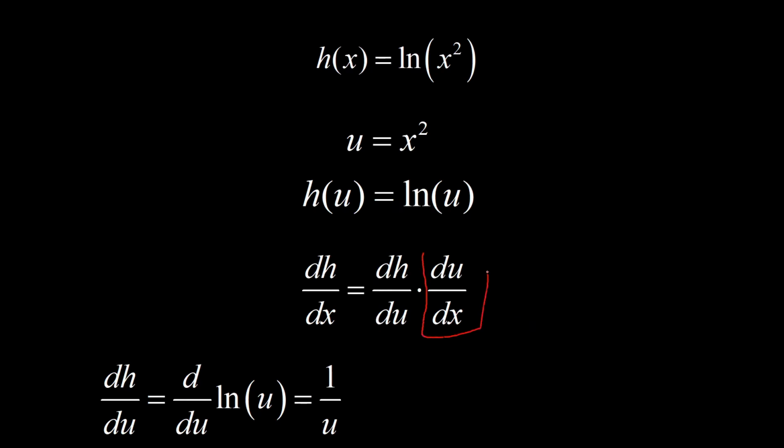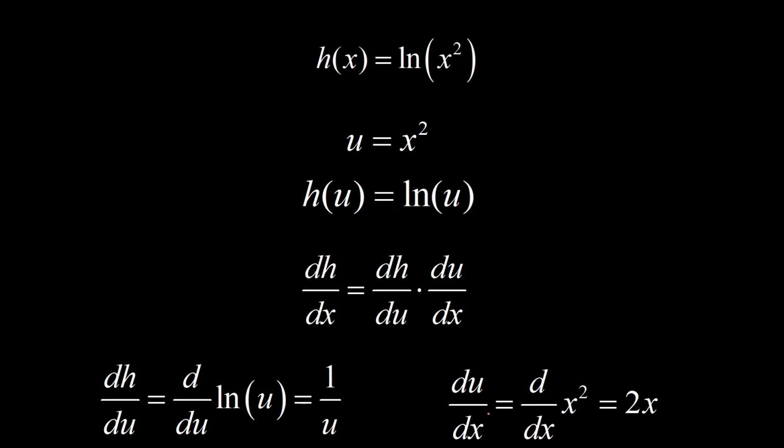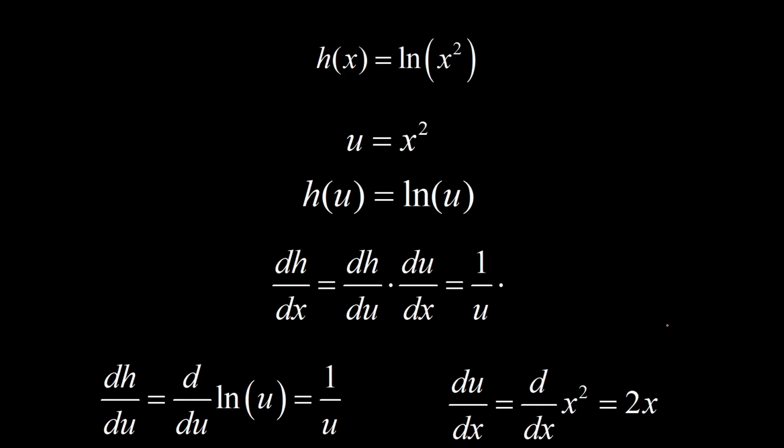Now for du dx, well, that's what u equals x squared is for then. Because we'll take the derivative of u with respect to x. And again, notice there's no mismatch in letters anymore. And the derivative of x squared is 2x. So we have dh du, which is this piece here. We have du dx, which is this piece here. And now we just multiply these two together to get our derivative.